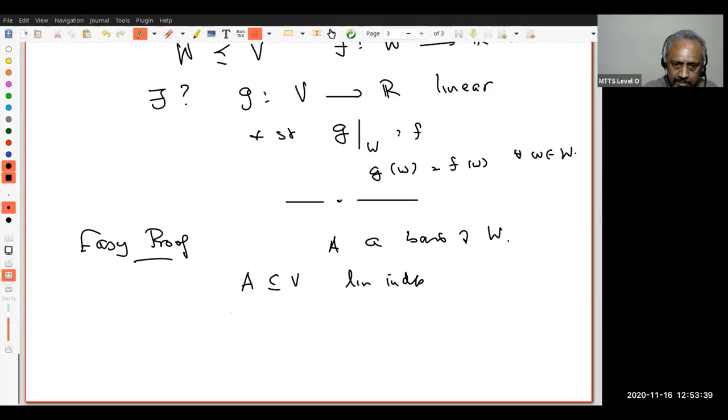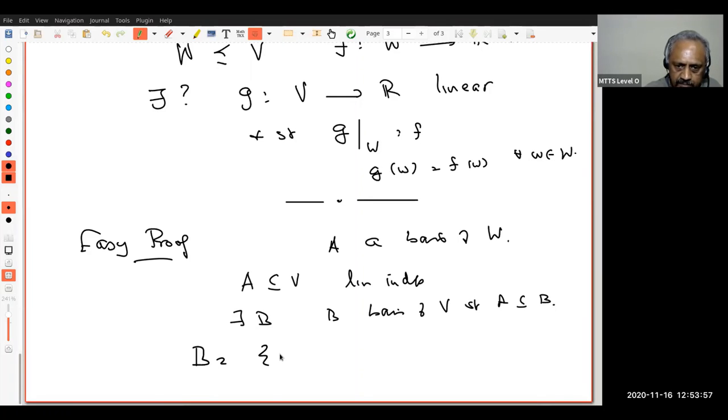Therefore, by the last theorem, there is a basis B of V so that A is also a subset of B. Now, suppose we write B as the union of the w_i and the v_j, where the w_i form my A. These are the extra elements needed to find a basis, right? Are you following what I'm saying?